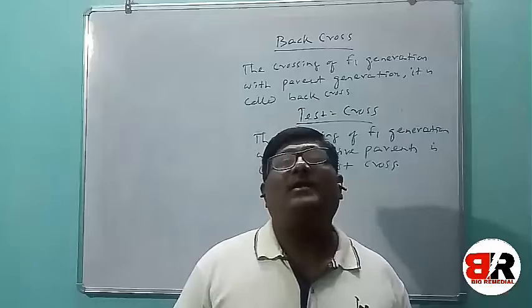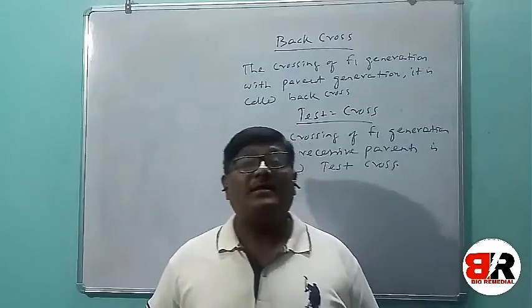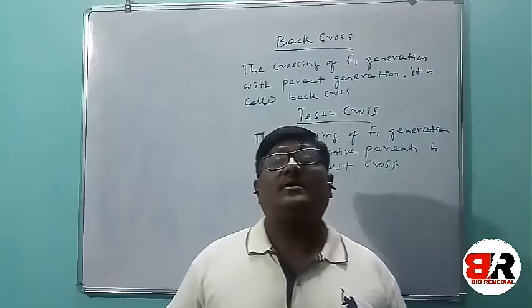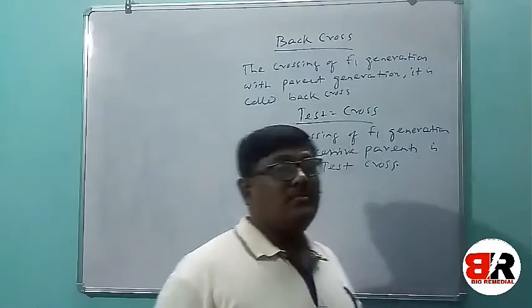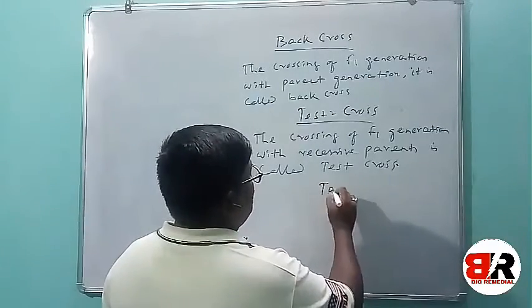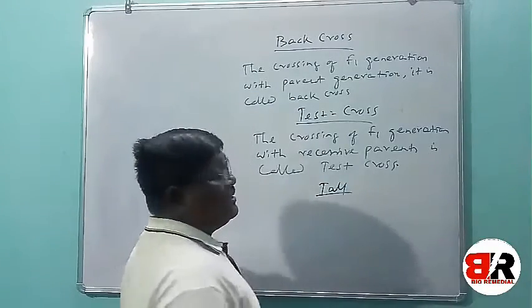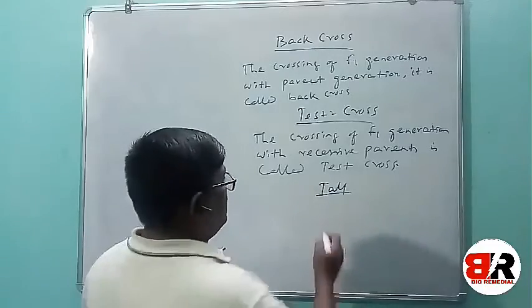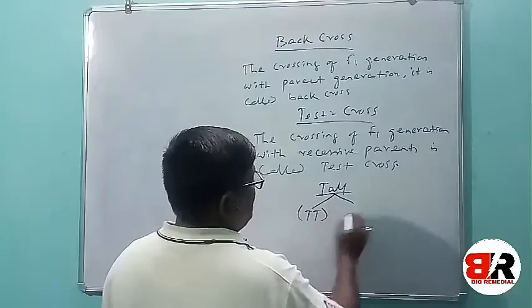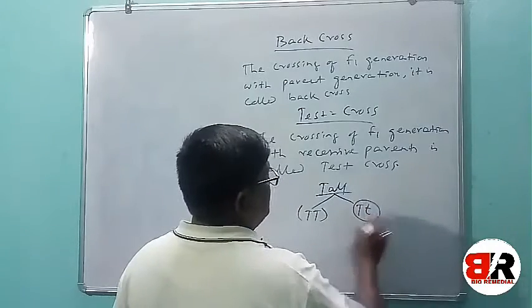Suppose a tall plant is given to us and we have to identify whether it is in homozygous or heterozygous condition. How can we know from this test cross? Suppose the given plant is tall. Then there are two possibilities of the genotype: it could be capital T capital T, or capital T small t.